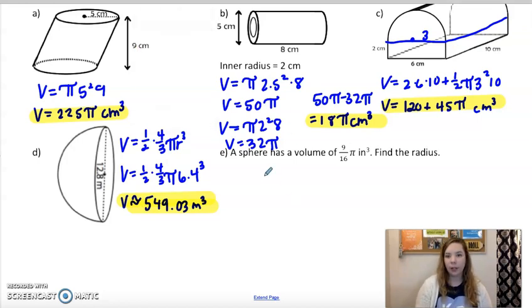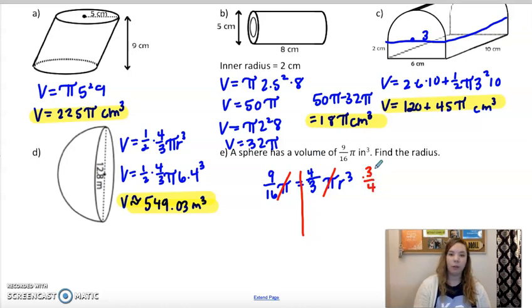Letter E says a sphere has a volume of 9/16 pi cubic inches. Find the radius. So this is our volume. We'll set it equal to our 4/3 pi r cubed. So right away, since there's a pi on both sides, we can get rid of those. And then to get rid of 4/3, I'll multiply by the reciprocal of 3/4.